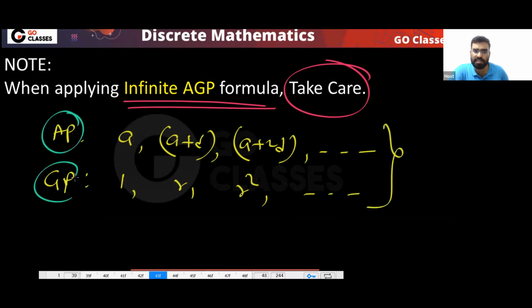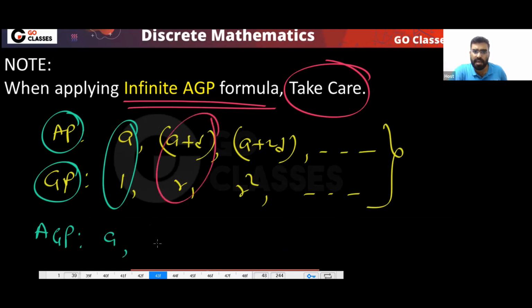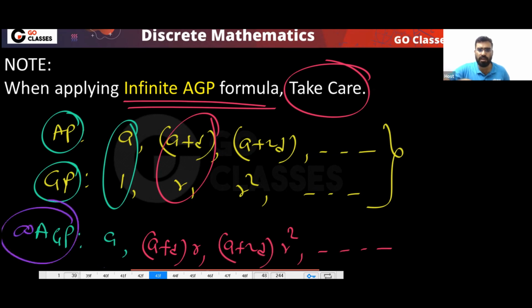Individually your AP should be like this, your GP should be like this, and their multiplication should be your AGP, like A, then A plus DR, then A plus 2D R square. In this situation, for this infinite AGP, you can apply the formula.